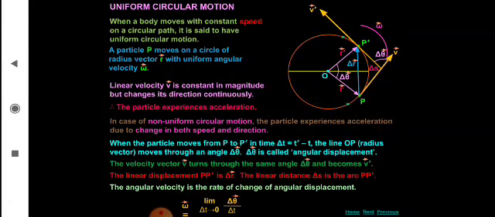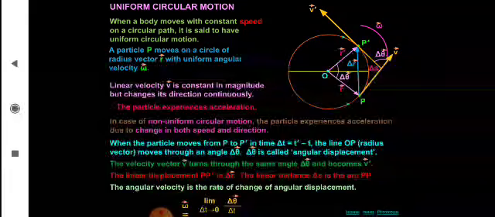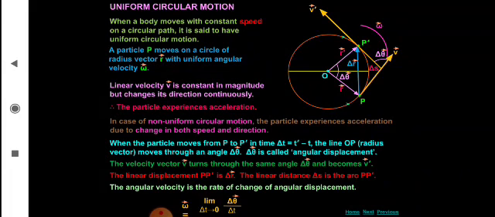A particle P moves on a circle of radius vector r with a uniform angular velocity vector w. The linear velocity vector v is constant in magnitude, but it changes direction continuously. The particle experiences acceleration in case of non-uniform circular motion. The particle experiences acceleration due to change in both speed and direction.